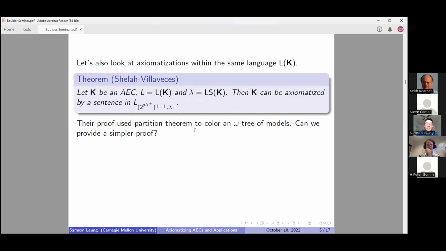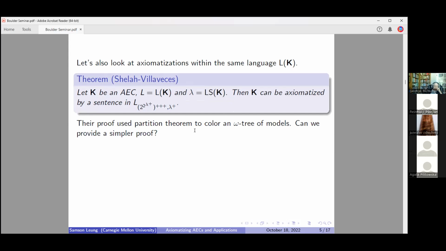So you look at the paper, they use some partition theorem in set theory, and they try to build a canonical tree of models and somehow color them, and then they can use the partition theorem to get some results. I myself am not familiar with those partition theorems.